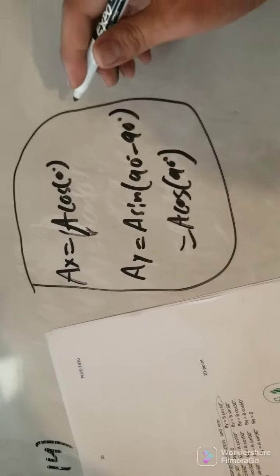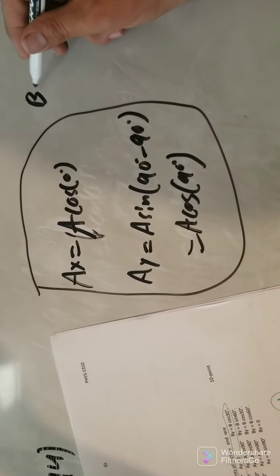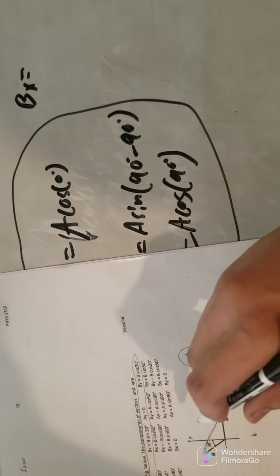For Bx, this one's going to be trickier because we've got that 30-degree angle in there, which is right there.